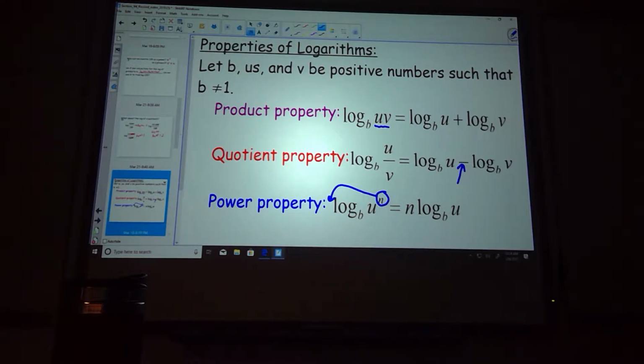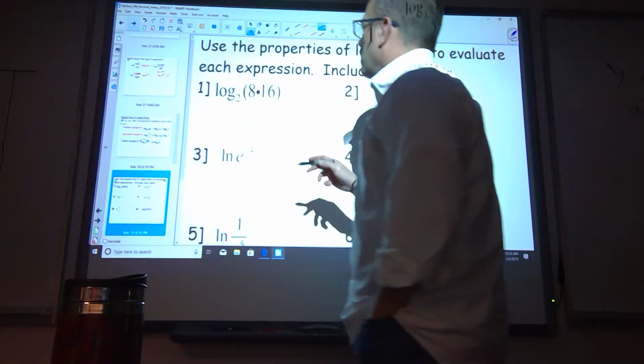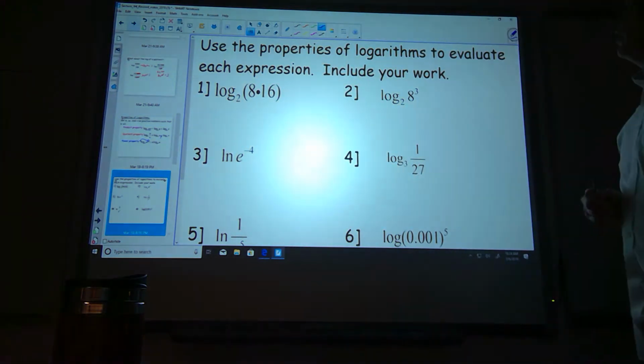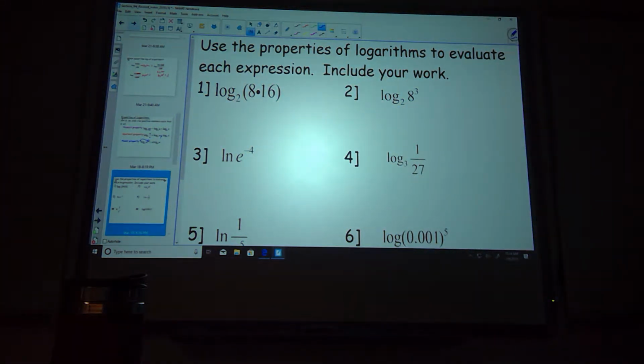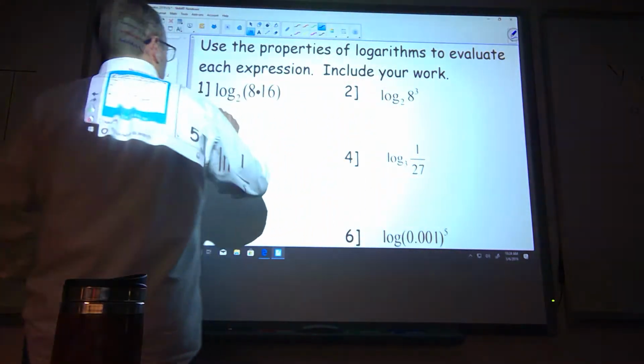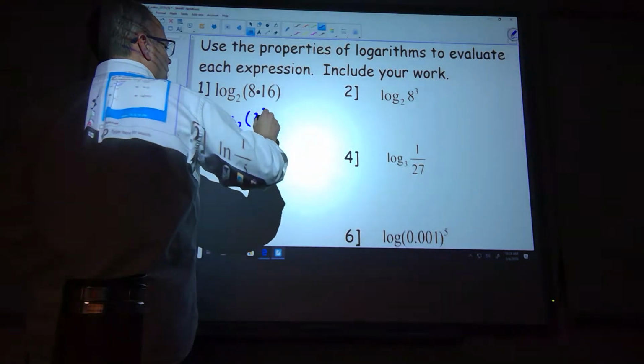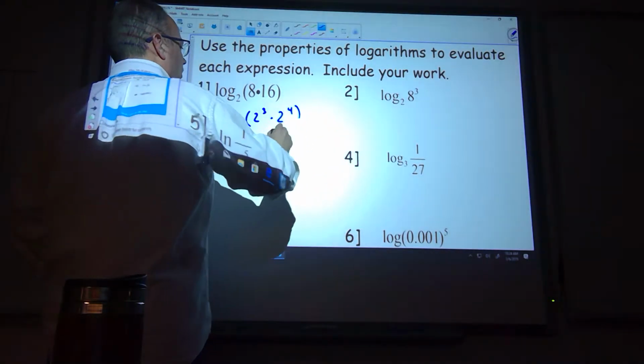Okay, then we go from there. Use each of the properties of logs to evaluate each expression. Well, first thing I'm going to do is make 8 2 to the third, and 16 2 to the fourth.